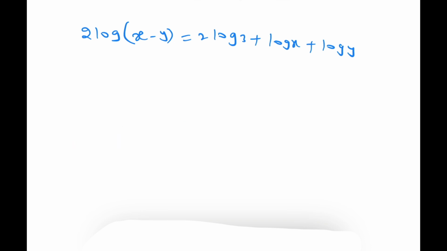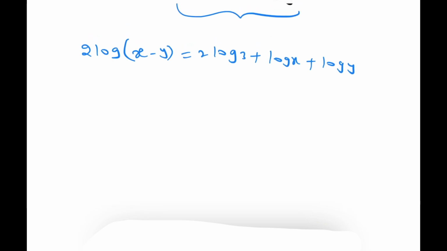So for that reason, what we will do is try to make the logarithm completely to the left side of the part. So here 2 log of x minus y is there, right? I will take this 2 as a power, so it will be log of x minus y whole square. We know a formula that if before the logarithm any number is there, it will go as a power.